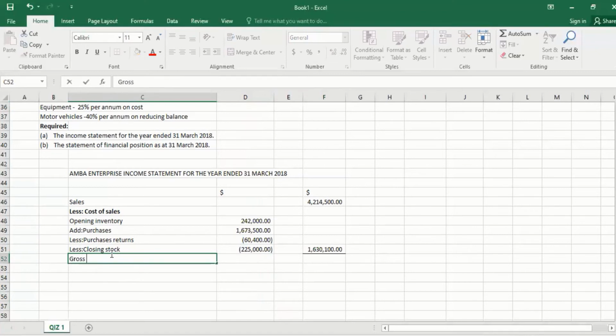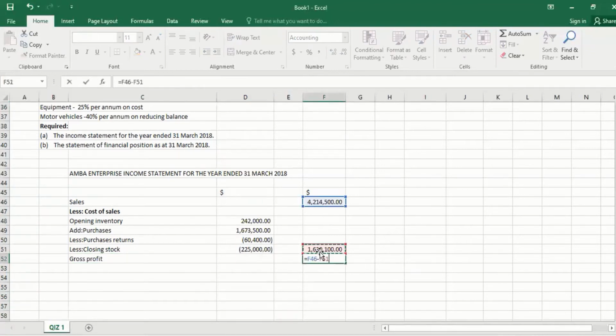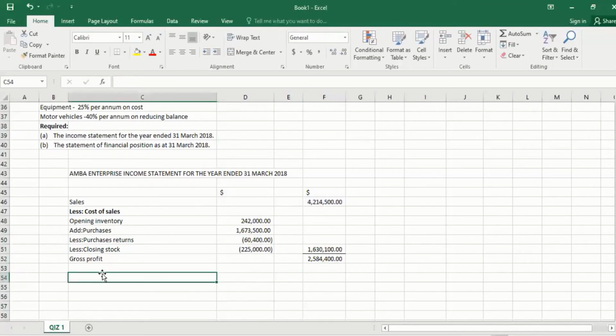The gross profit will now be the sum total of these minus that. Then we have other incomes.